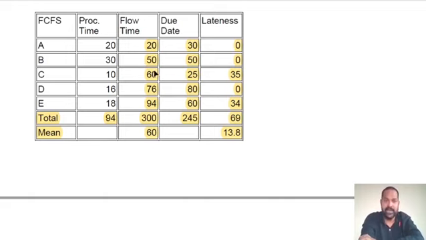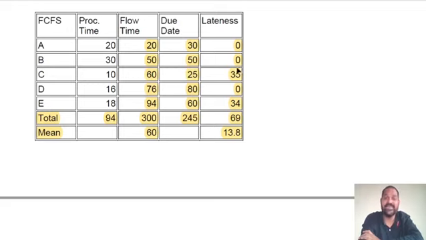The next job B has been done on the 50th day. Correct? When was it due? 50th day. Fantastic. Then it's exactly on time, so it is not late. Job C is done on the 60th day, but it was due on the 25th day.